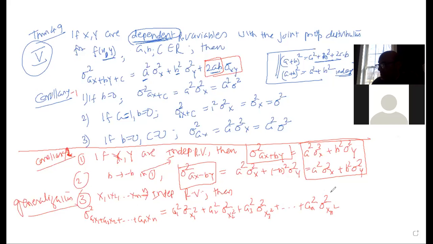So that is the generalization. We have one example over here, so let me go through that example too.